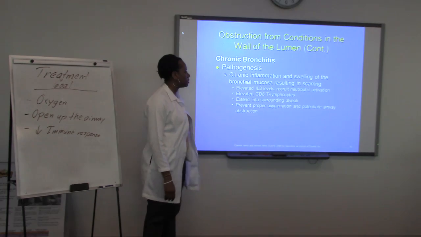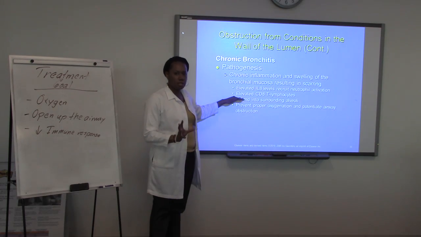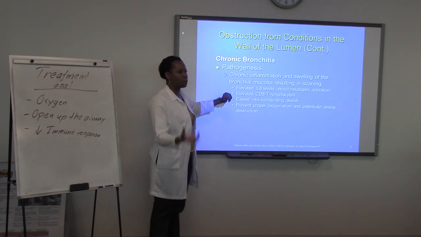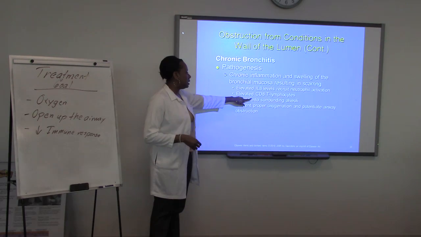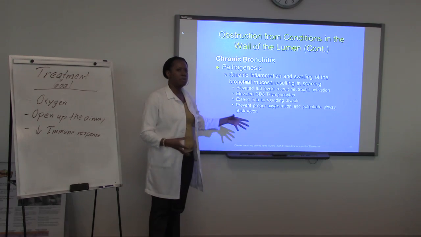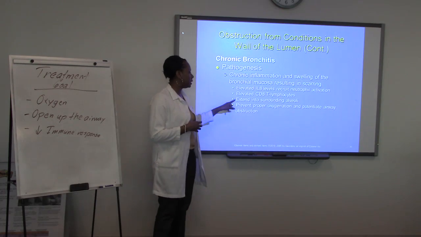The other things here are the types of immune cells that are secreted. Interleukin 8 levels will recruit neutrophils, and CD8 T lymphocytes will come around, and they all surround the alveoli. This is where the issue begins.